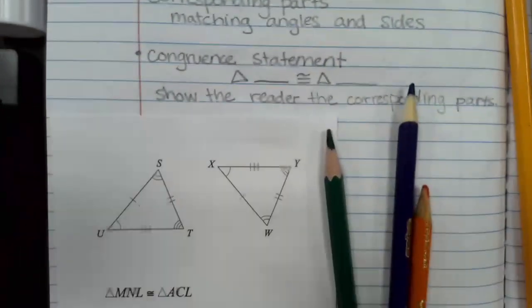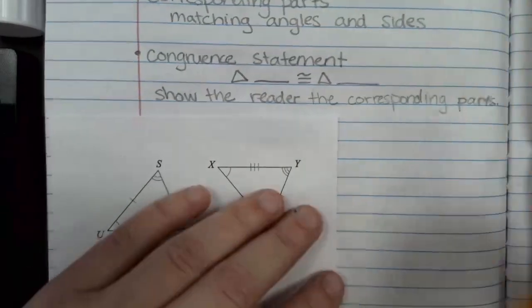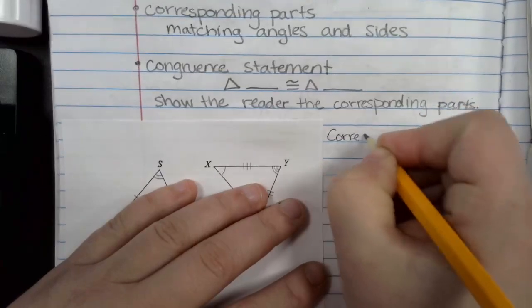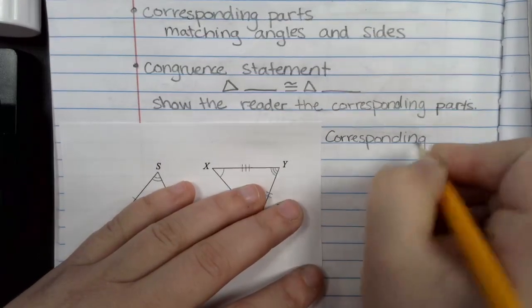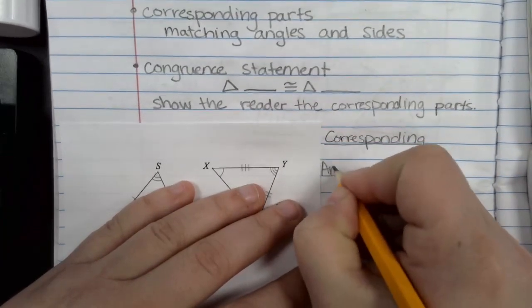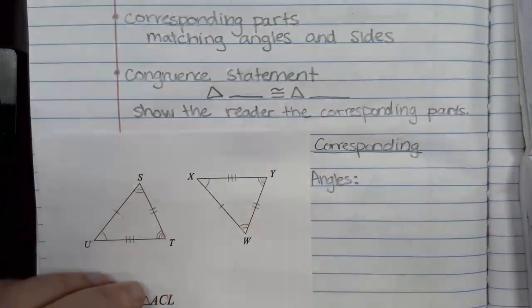Alright, here we go. And the first one, we're going to start by talking about our corresponding parts here. So when I look at my angles, I want to know what angles correspond to each other, which angles match here.